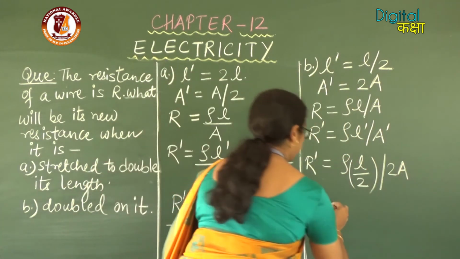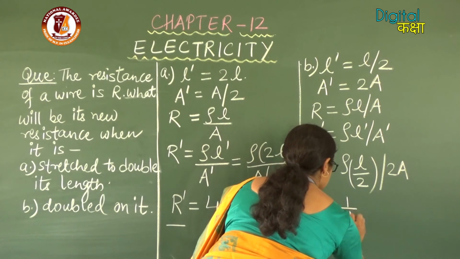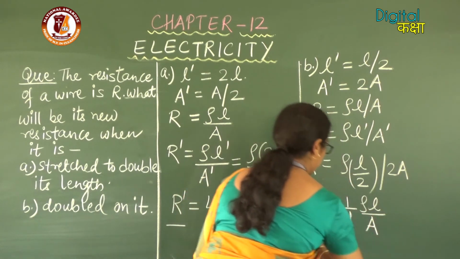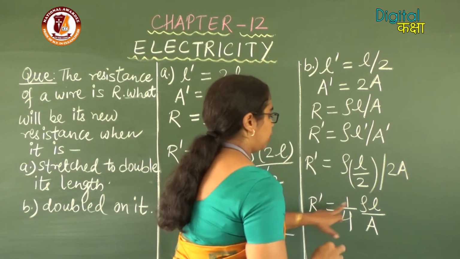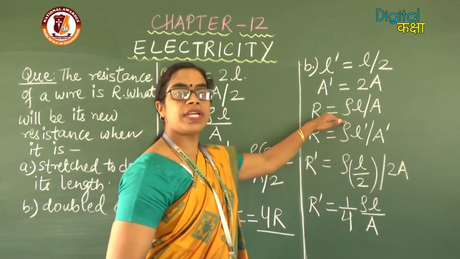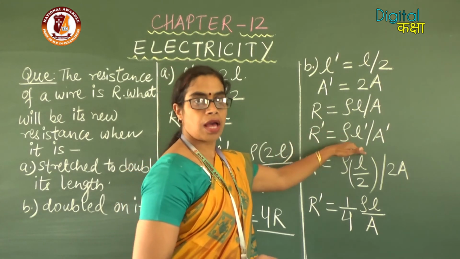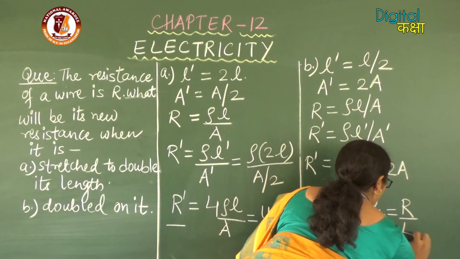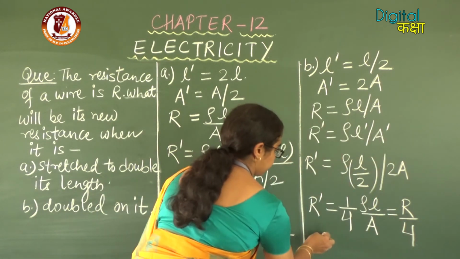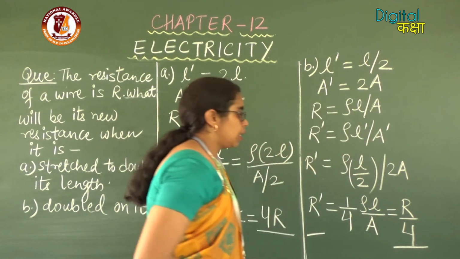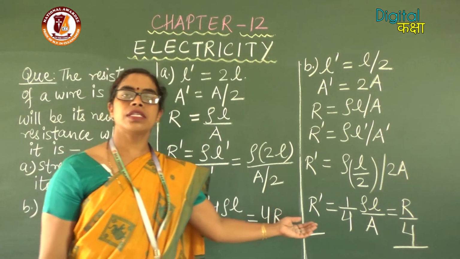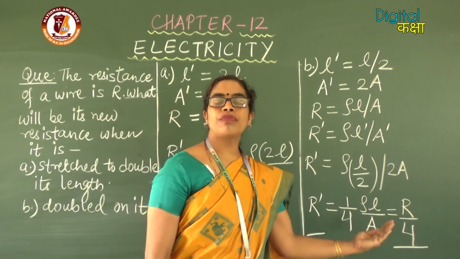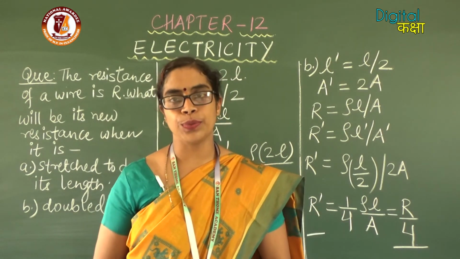When I solve it further, I will get 1 upon 4 rho L upon A. This rho L upon A can be written as R. So, this can be written as R by 4. It means in this case the resistance of the wire has become 1/4 of its initial value.